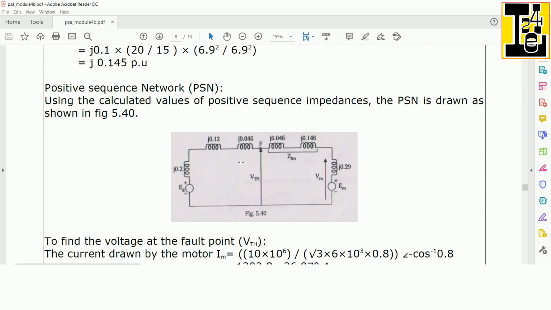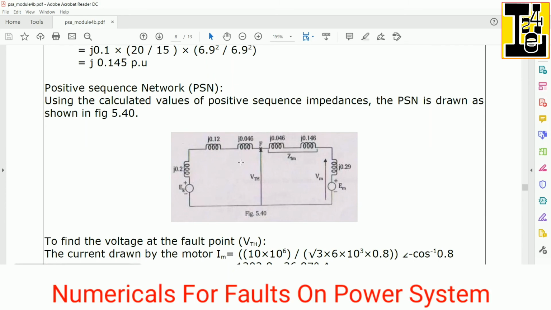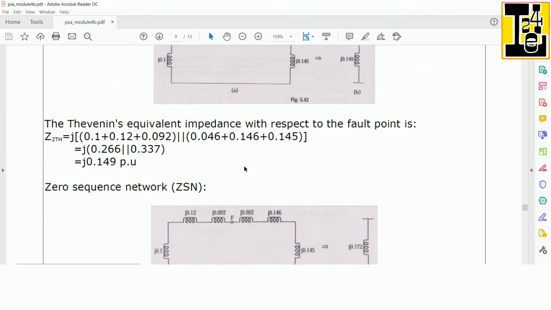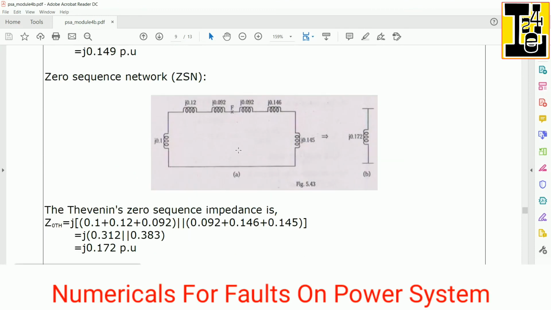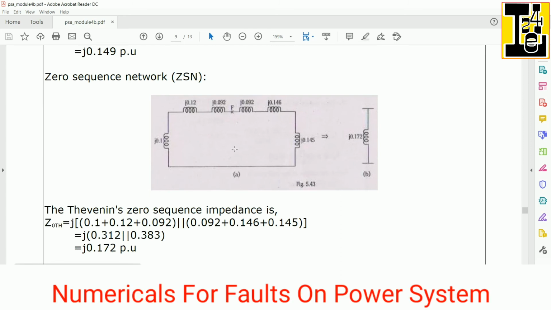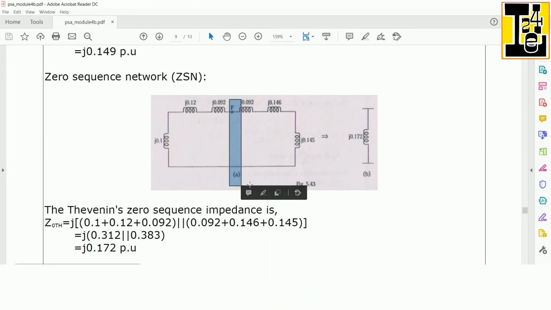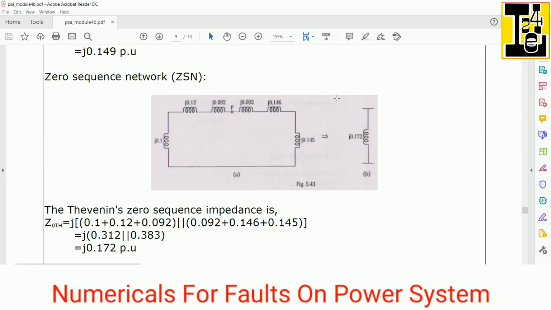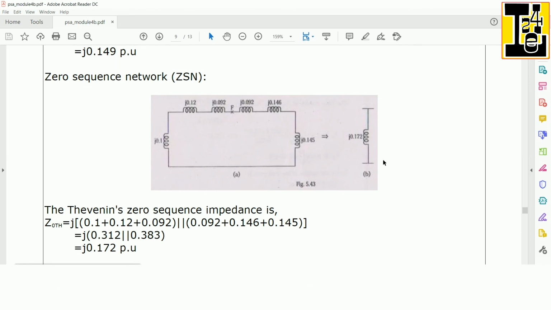So by the observation of them, we need to draw the ZSN very carefully. Finally, finding the Z0 equivalent of the circuit, Thevenin equivalent of the circuit with respect to the fault point, we can have Z0 equal to 0.172 per unit.